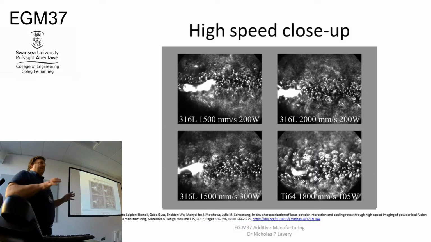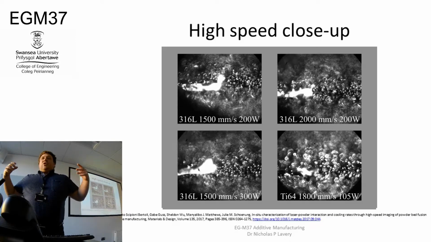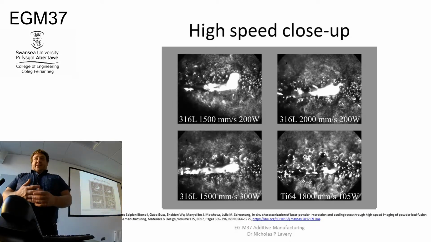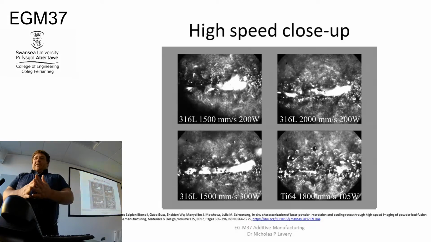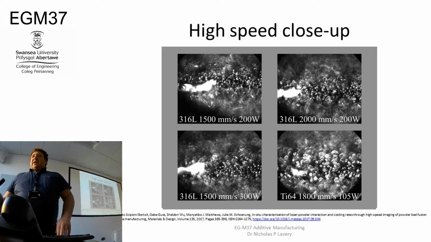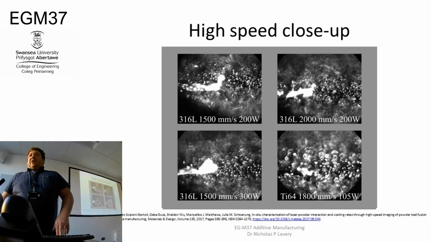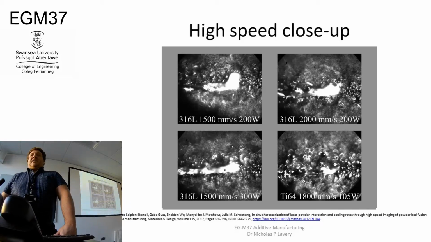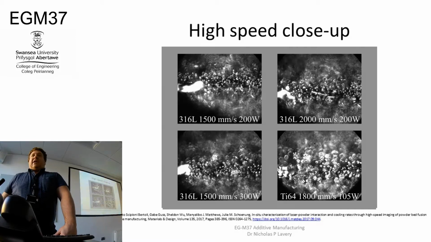Okay, so now zooming in even more into the melting process, this is some work done over in the States, and you can see three different settings on the same material, 316L steel.